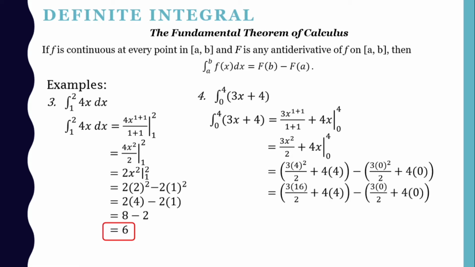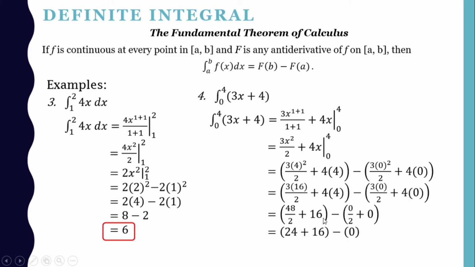4 squared is 16. Multiply that by 3 over 2, plus 4 times 4. Then we have 0 squared is simply 0. So we simplify. 3 times 16 is 48 over 2 plus 4 times 4, that's 16, minus 3 times 0 is 0 over 2 plus 4 times 0 is 0.